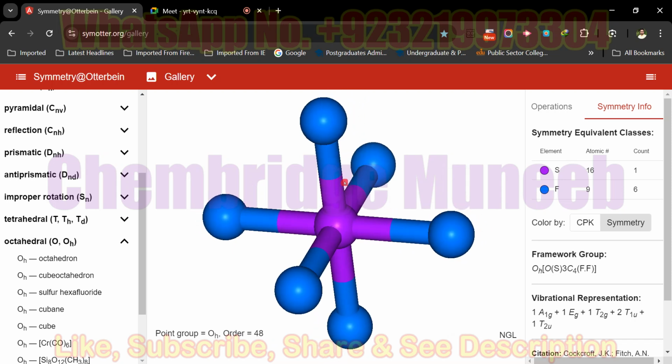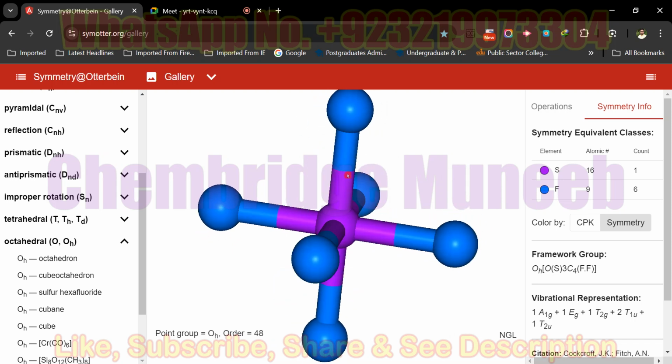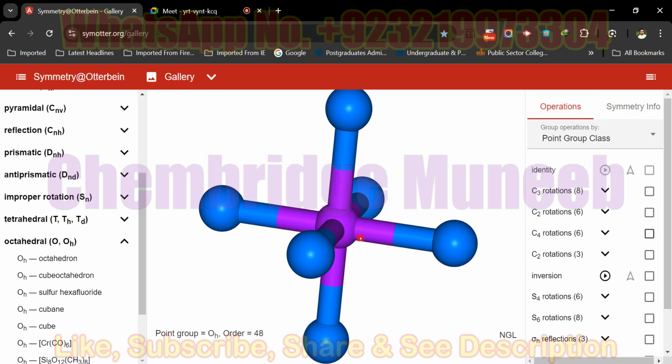You can see that there are 4 atoms of blue color.